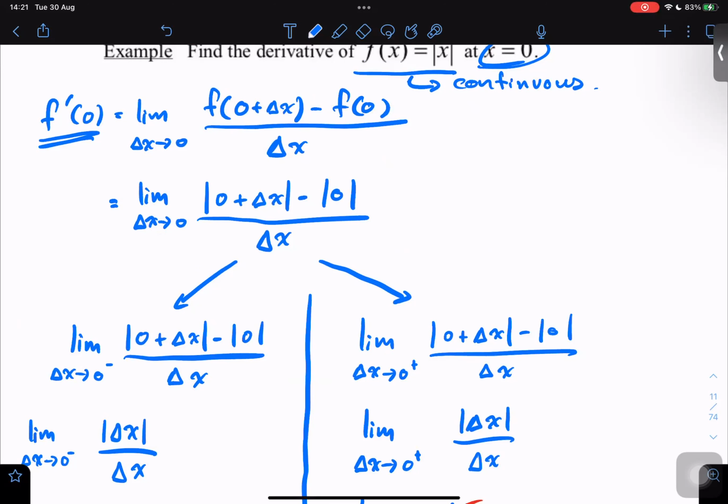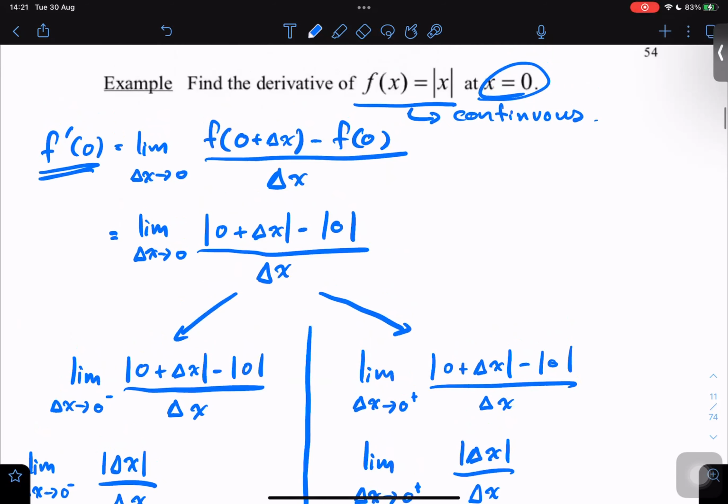So you can see that a continuous function might not be differentiable, or does not have to have the derivative.